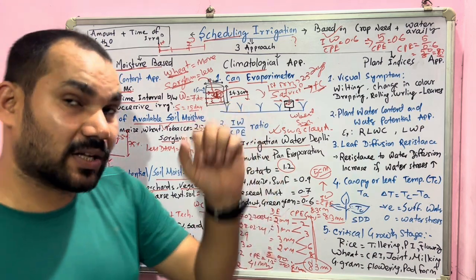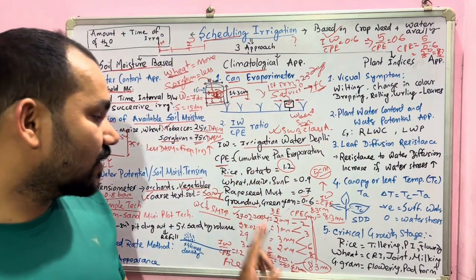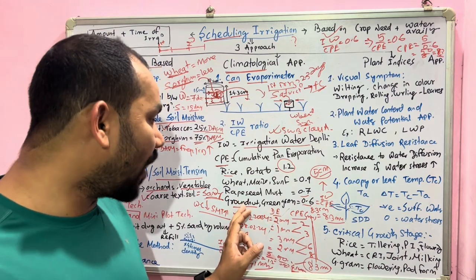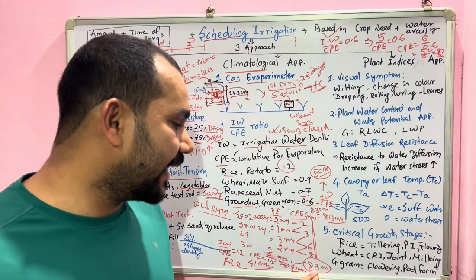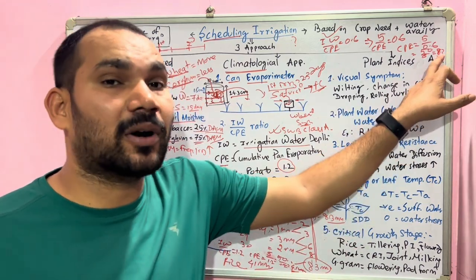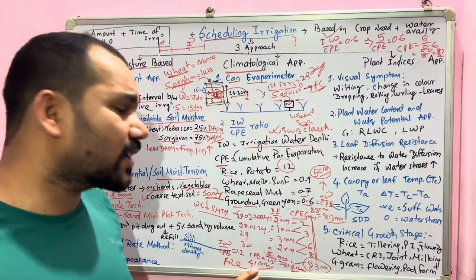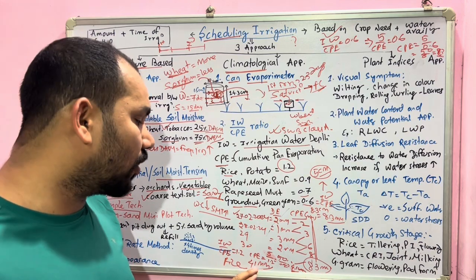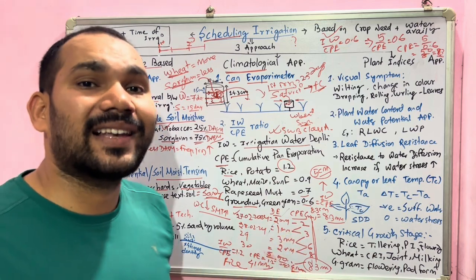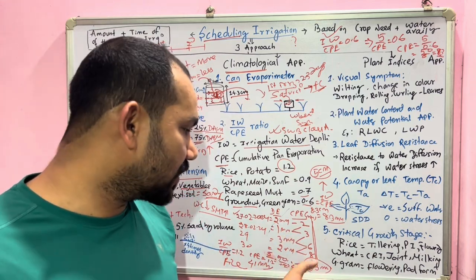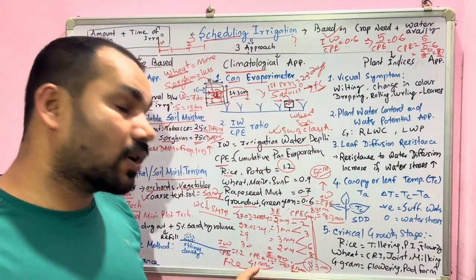Now we have taken two crops, one is rice, another is groundnut. As you have seen, for groundnut how much cumulative pan evaporation do we need? In millimeter it is 83 millimeter, or 8.3 centimeter. But in case of rice, it is 41 millimeter or 4.1 centimeter. Now the question is, which one will reach earlier, 8.3 centimeter or 4.1 centimeter?